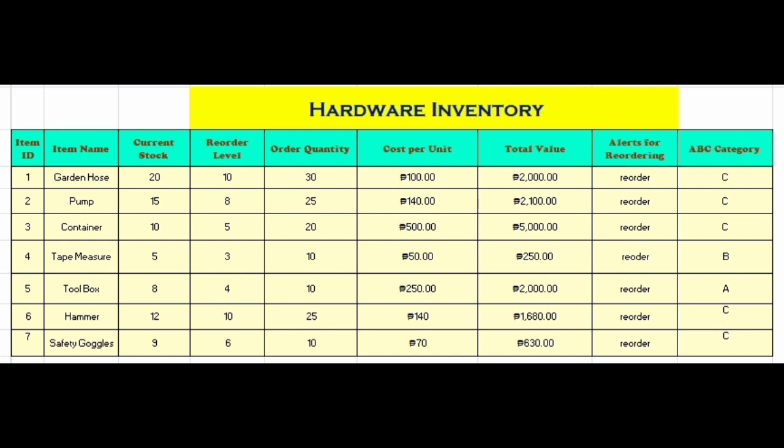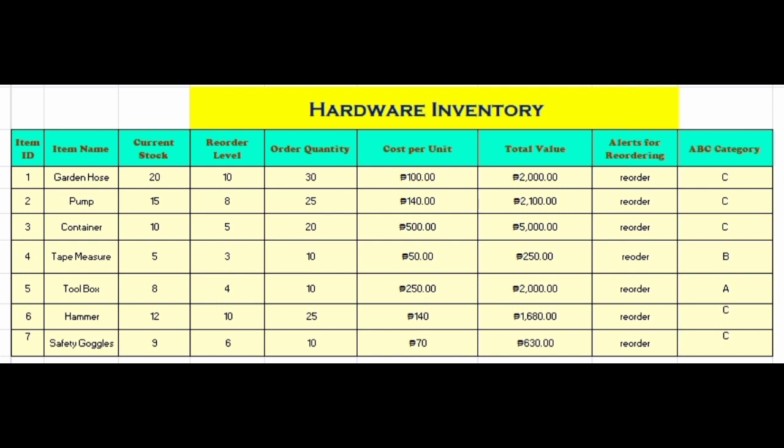For example, the garden hose has 100 as cost per unit, multiplied by the 20 current stock, so the total is 2,000 pesos. And the pump, which has 140 multiplied by 15, is equal to 2,100 pesos.